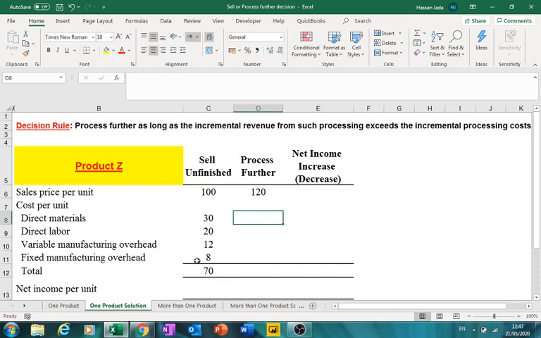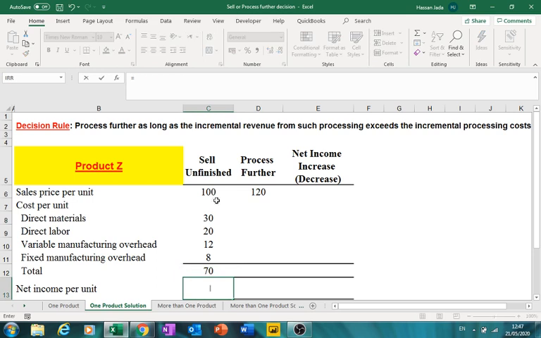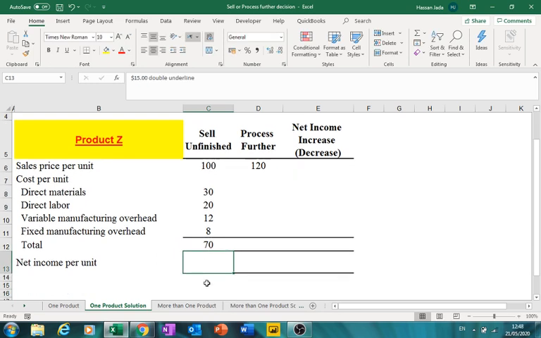And the net income here: for the unfinished product, $100 minus the $70 cost equals $30 for our product.